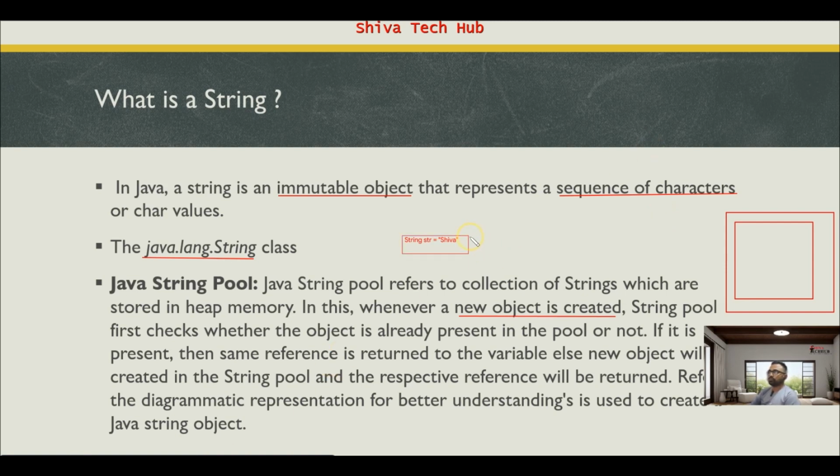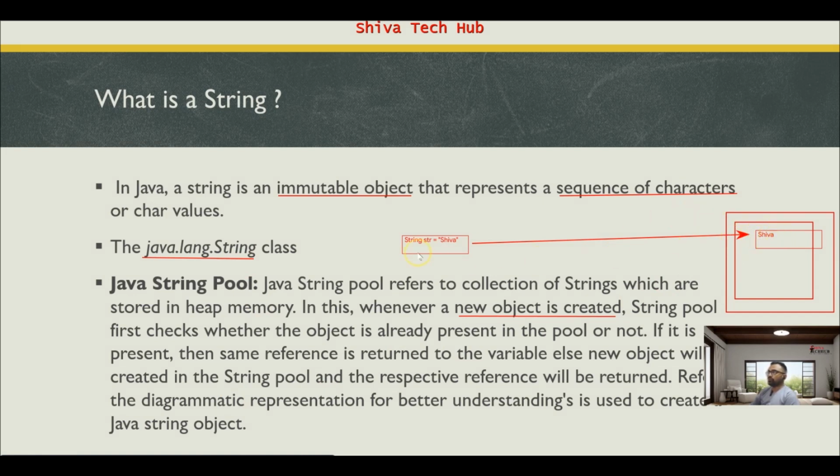After creating a new string, it initially checks if this particular string Shiva is already present in the string pool or not. In this case, the string is already present in the string pool, right? So what it does is it will return you the string that is present.